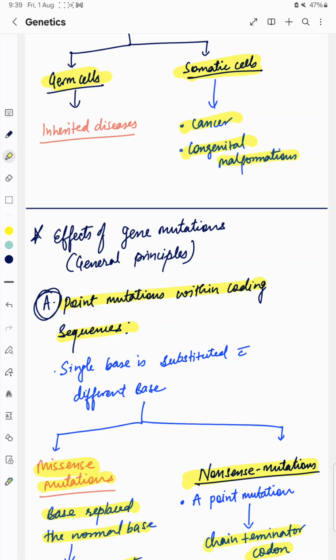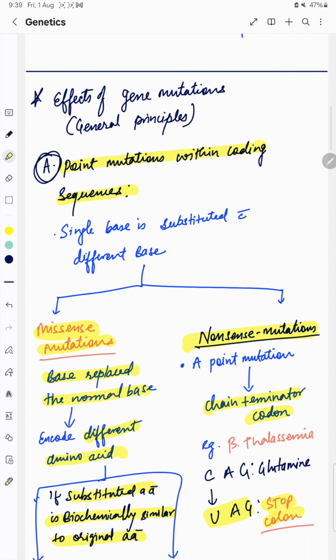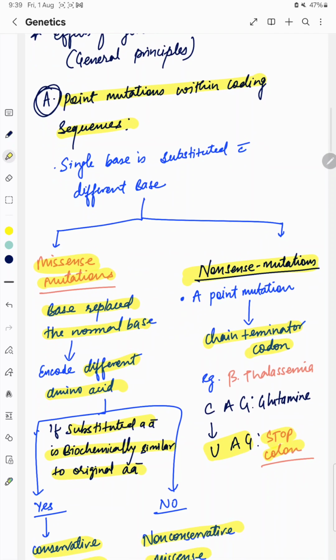Say, in category 1, point mutation within the coding sequence. A single base is substituted with a different base in a point mutation. Point mutation can be a missense mutation or a nonsense mutation.